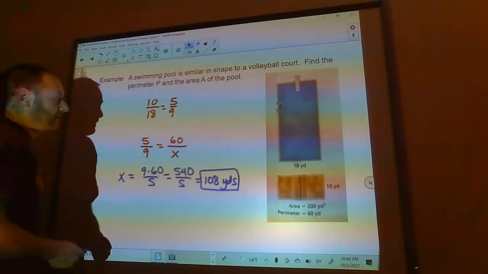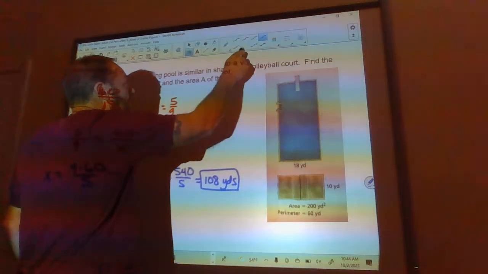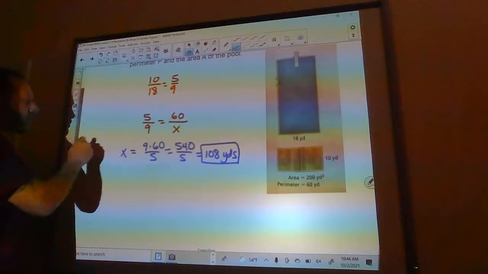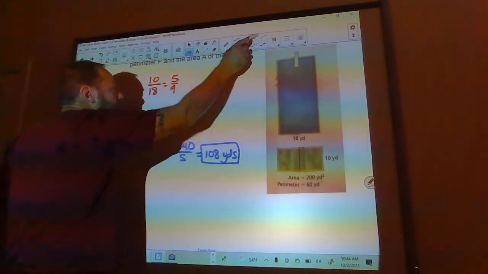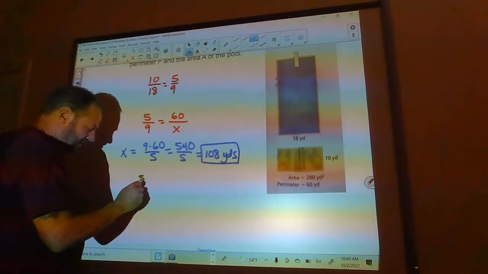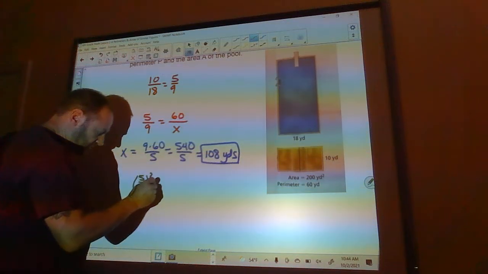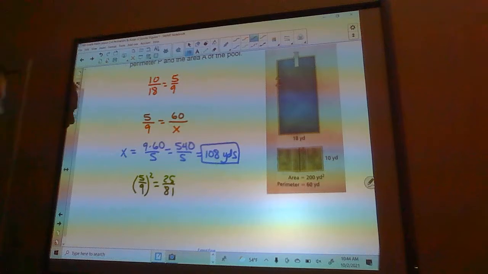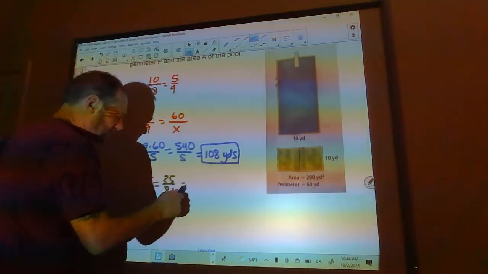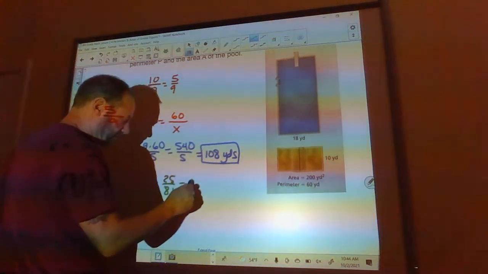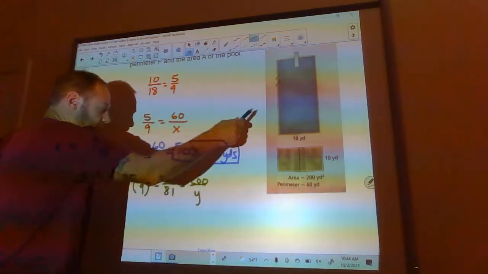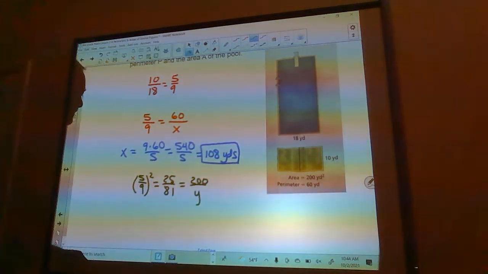Now the area. The area is going to be related to the square of this. So I'm going to take 5/9 and square it. That's going to be 25/81. Then the area of the smaller one is 200, and the area of the larger one, the pool, we don't know yet, so we're going to figure that out.